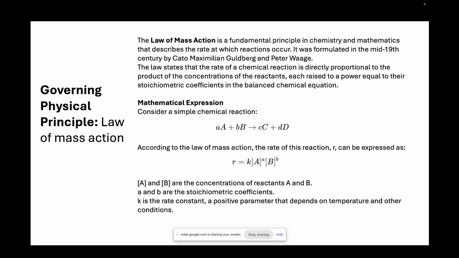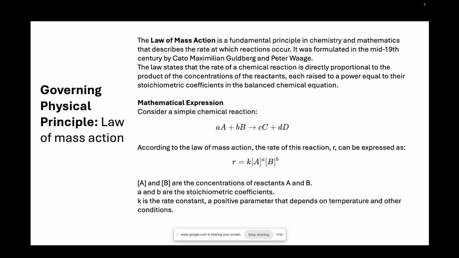If you put A and B in square brackets, these denote the concentrations of these particular reactants, and your small a and small b are the stoichiometric coefficients. Your k here is the rate constant, which is a positive parameter that depends upon temperature and other conditions.